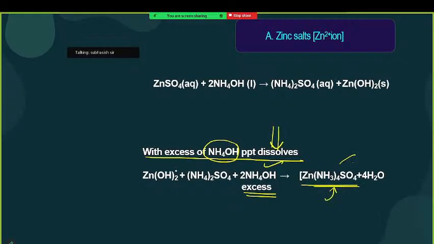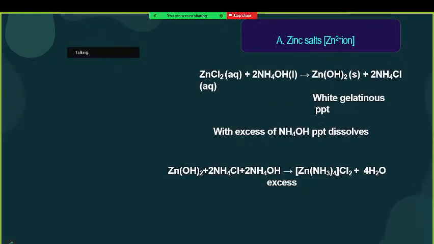So zinc hydroxide is soluble in excess ammonium hydroxide: a white gelatinous precipitate that dissolves in excess.